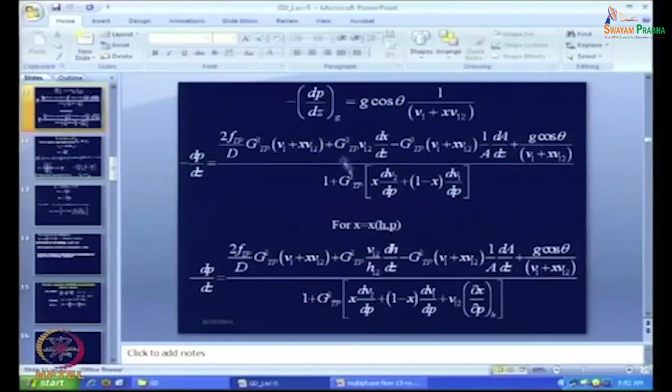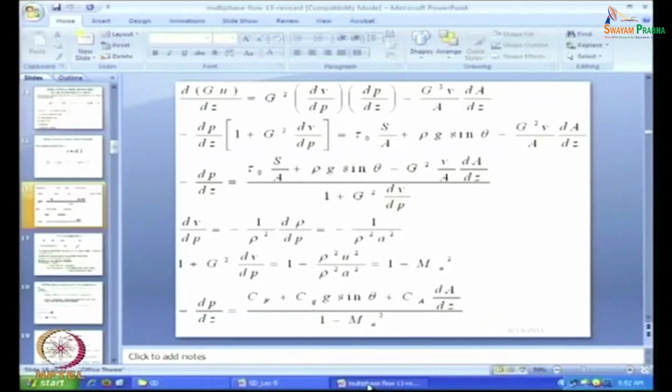Now, if you remember in our introduction chapter, what I had tried to do was deduce the continuity and the momentum equation for incompressible flows. This was the situation.